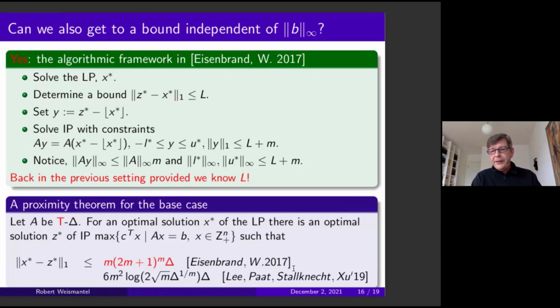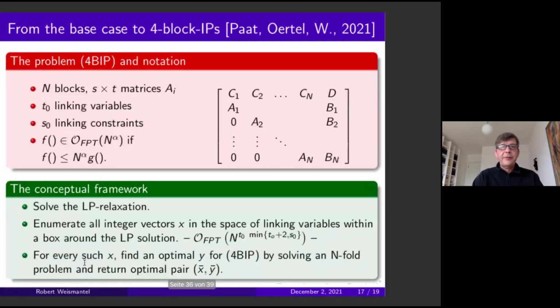John Lee, Joe Paat, Ingo Stallknecht, and Xing Xu showed that you can also get a polynomial dependence on m, but then you are slightly worse in the dependence on delta. So you get this extra log delta to the m factor. So just as examples of how to arrive at this.